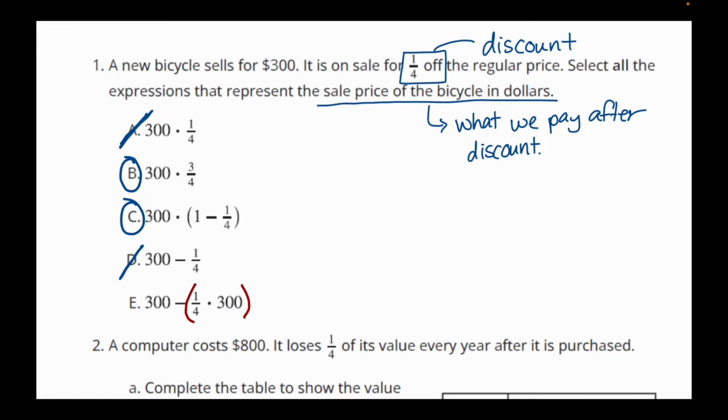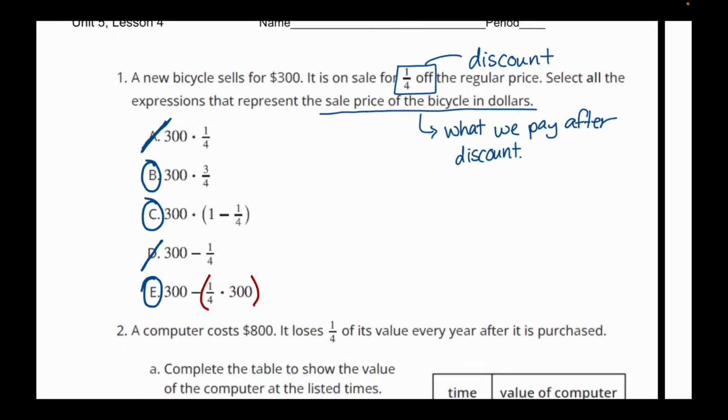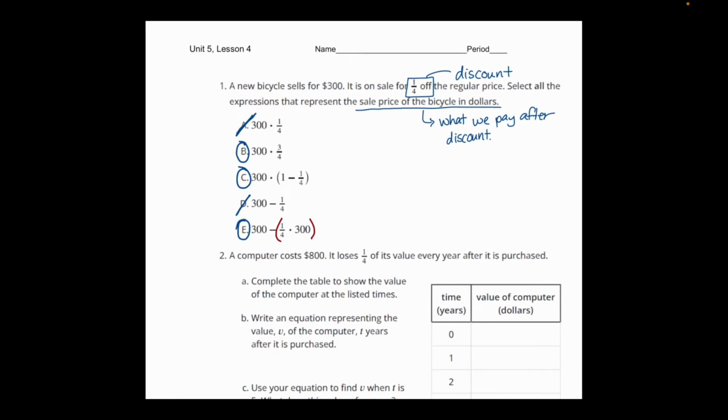So what we're actually doing is taking the 1/4 of that 300 and then subtracting it from our original 300, right? So using PEMDAS, or order of operations, we're going to choose E as well. So B, C, and E are all solutions here.